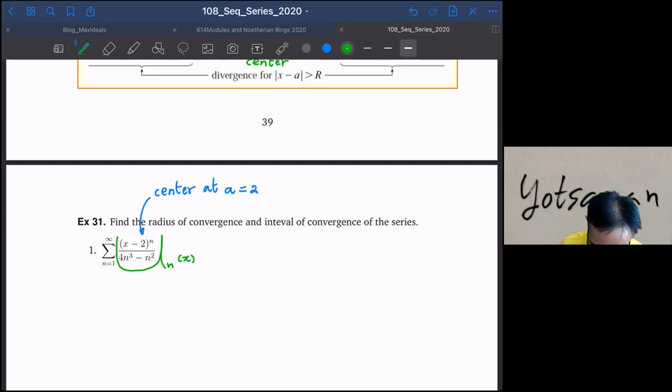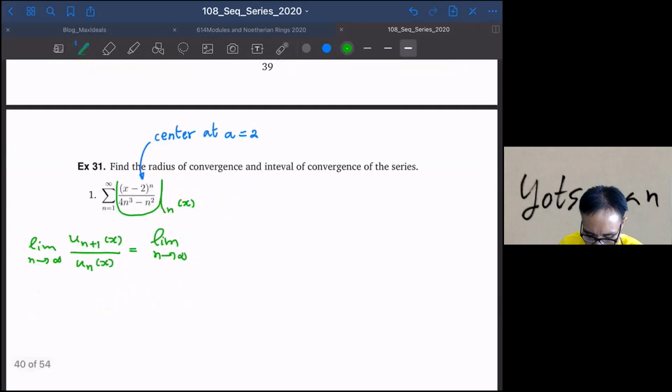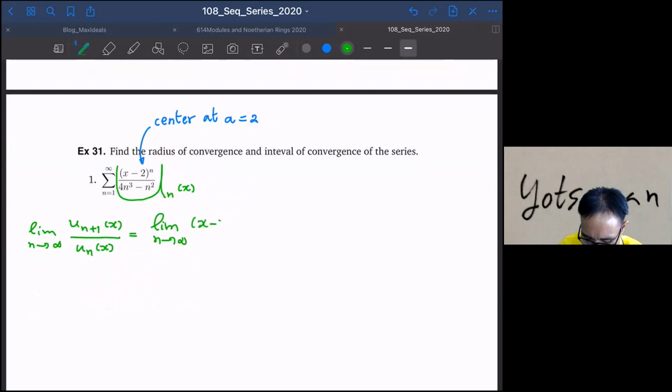And you're going to find the limit as n goes to infinity of un plus 1 of x over un of x. So you're going to compute the limit as n goes to infinity of (x minus 2) to the n plus 1 over 4 times (n plus 1) cubed minus (n plus 1) squared.